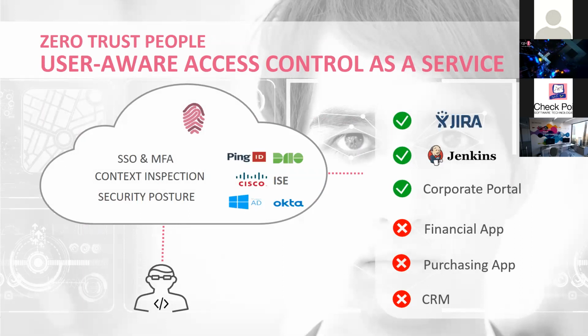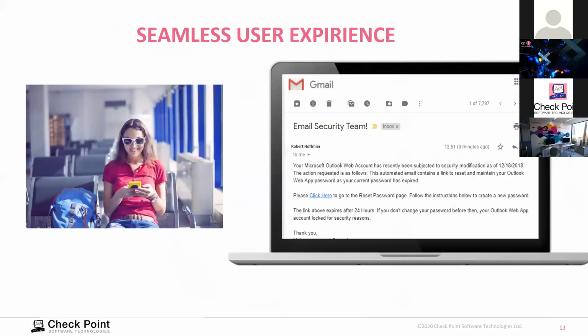We can then look at the security posture of that device, and then based on that, apply a user level access control to what they need to be able to gain access to. So gaining access from a corporate laptop or a home network will give you more access than gaining access from a mobile device on a public Wi-Fi, as an example. So that's what we're looking at from a zero trust perspective.